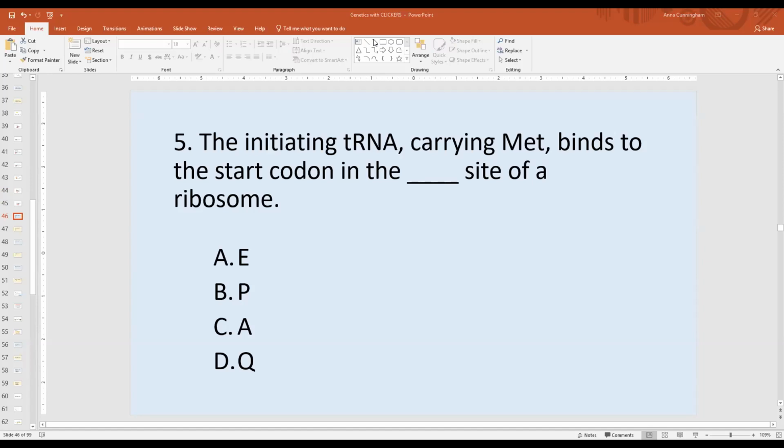Please, if you wouldn't mind, tell me which site the very first tRNA binds to. Remember, the very first tRNA is carrying methionine. What site of the ribosome does that very first tRNA bind to? So you have 30 seconds.